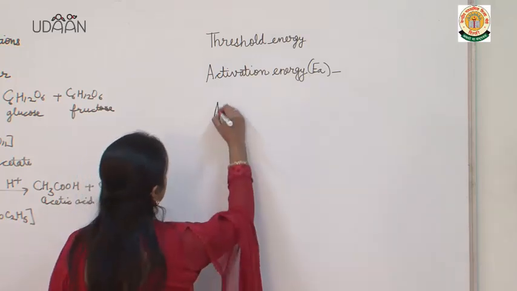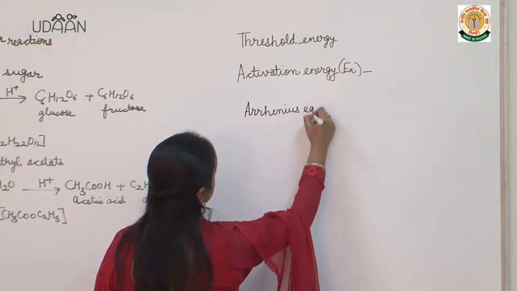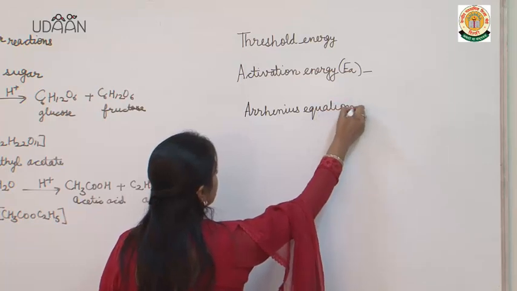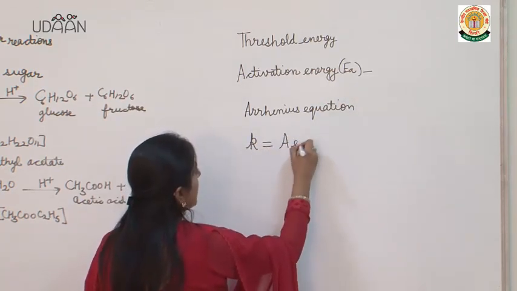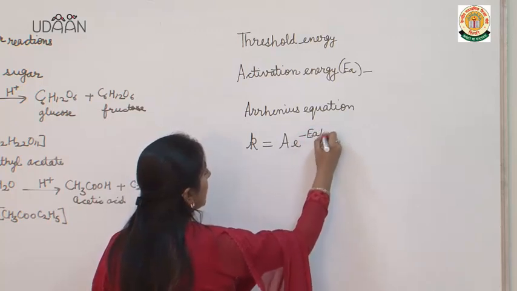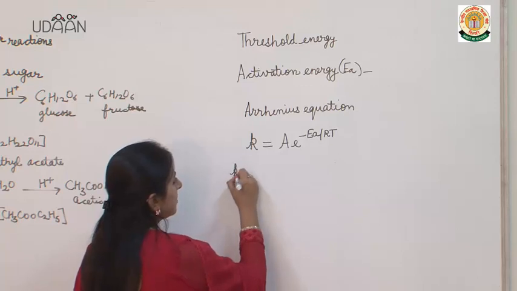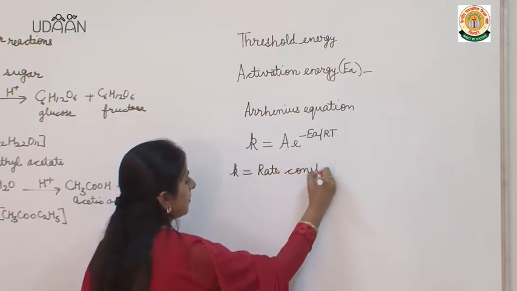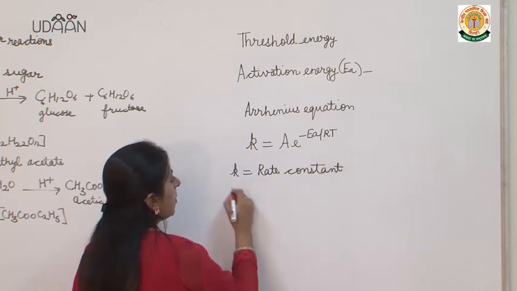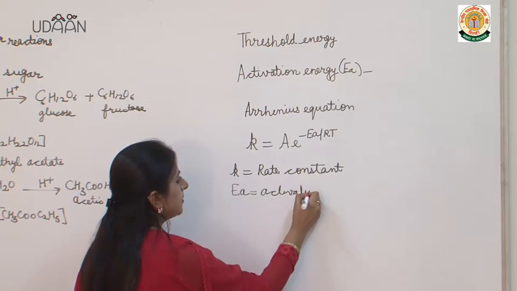Now what is Arrhenius equation? It is k = Ae^(-Ea/RT). Now what is k? k is the rate constant. What is Ea? Ea is the activation energy.